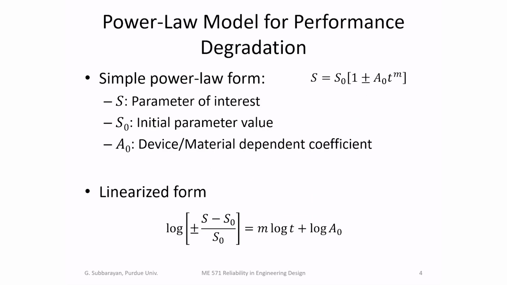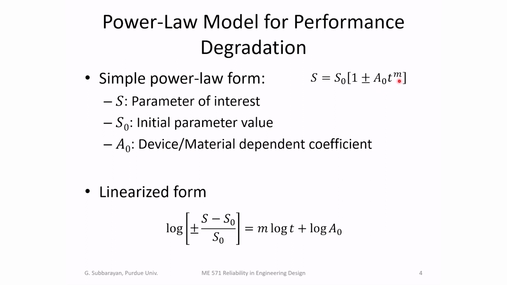So the simplest model that one can think of to describe these three phases of a product life is a power law degradation model. And it's a simple power law form where S naught is some initial parameter value, and A naught is some material dependent constant.